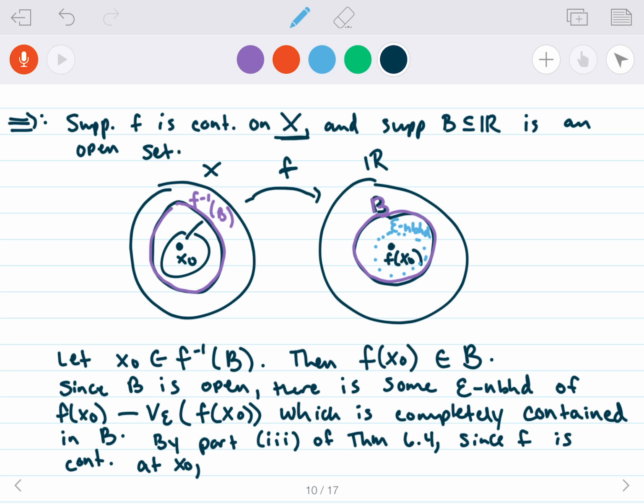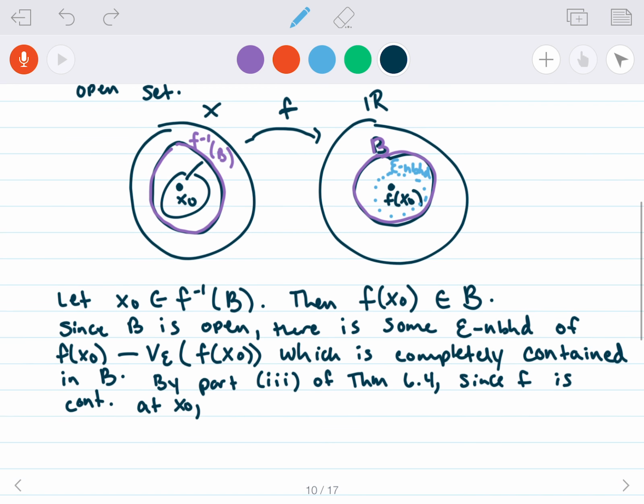well, remember what that means in terms of neighborhoods. That means that for any epsilon neighborhood you give me that's centered at f of x naught, I can find a delta neighborhood centered at x naught, so that whenever x is in this neighborhood, f of x is going to be in this epsilon neighborhood.